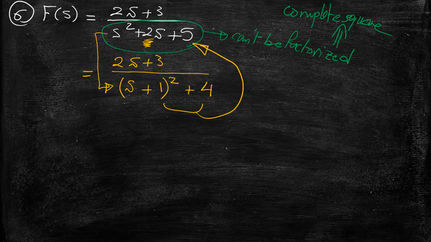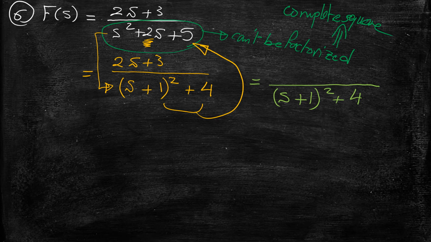What's the benefit of having this form right now, when we already end up here with s plus some constant squared plus a constant, which is the denominator for sine and cosine from the table? So let's move forward on this one, and as we mentioned earlier, we need to get the same shift in the whole term, both numerator and denominator, to be the same.